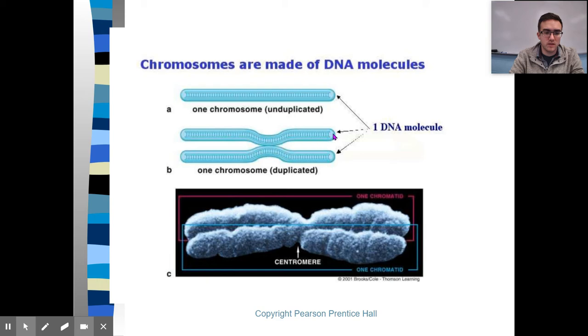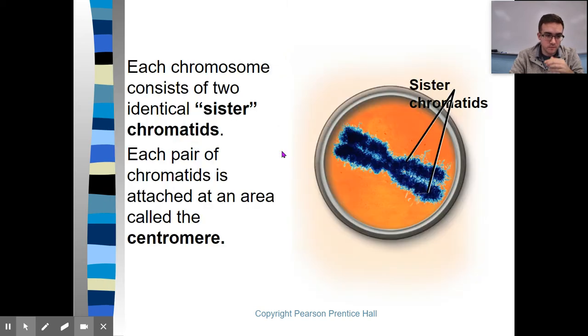So this is one chromatid, and this is one chromatid. Since they're identical to each other, we call them sister chromatids. So the chromosome is made up of sister chromatids. Each chromosome has 2 identical sister chromatids, right? When DNA replicates, it creates an identical copy.